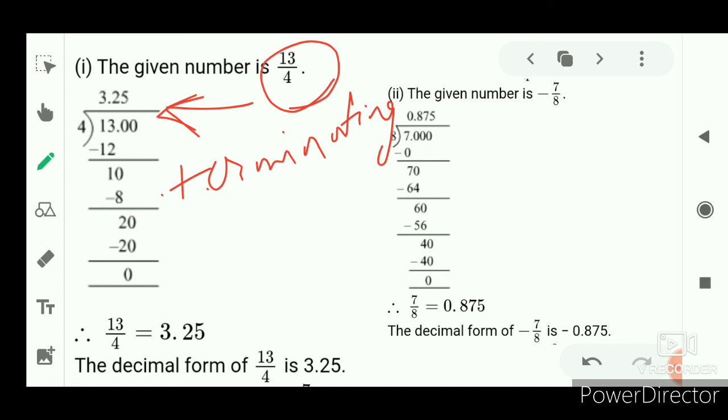Now let's take question number 2. We have to write the decimal form of minus 7 by 8. It means that we have to divide minus 7 by 8. So minus will remain as it is, and we have to divide 7 by 8. So after dividing 7 by 8, we will get remainder 0 and quotient 0.875.